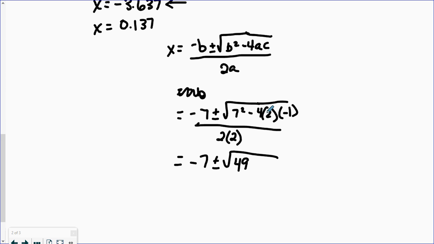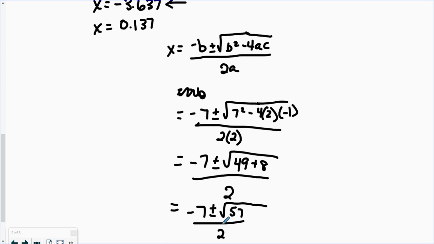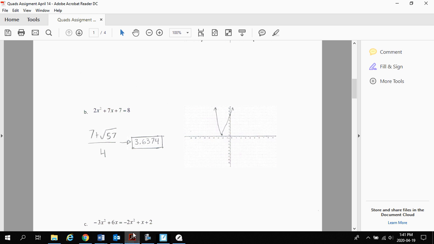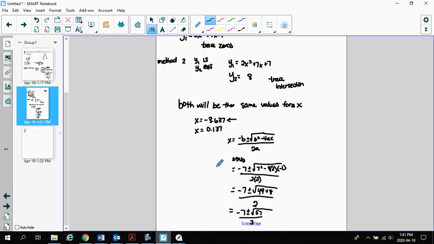Negative 4 times 2 times negative 1 is going to be plus 8, divided by 2 times 2. So 49 plus 8 is 57, divided by 2. Just peeking back at yours, did I say 2 at the end there? I think it should be 4 like you said.